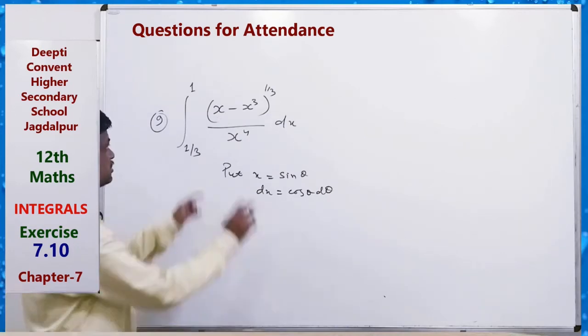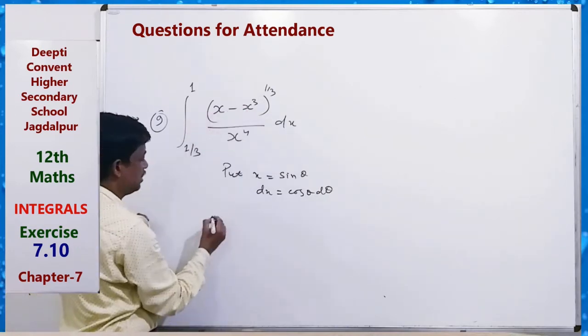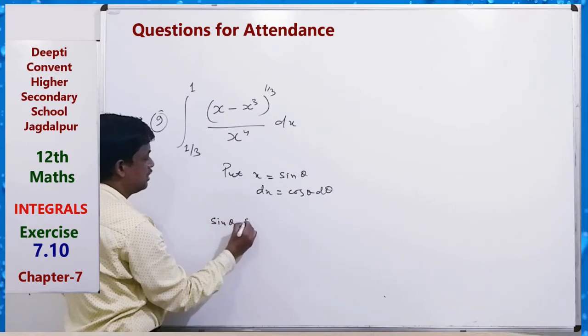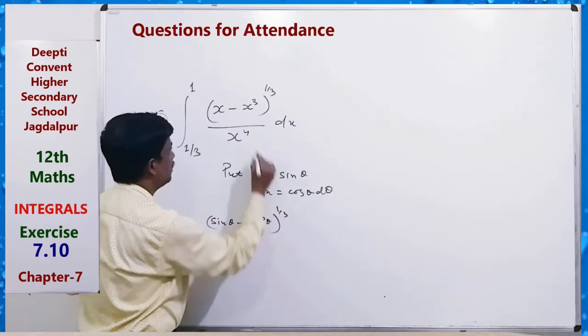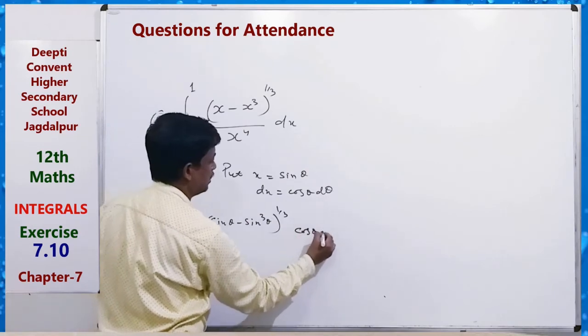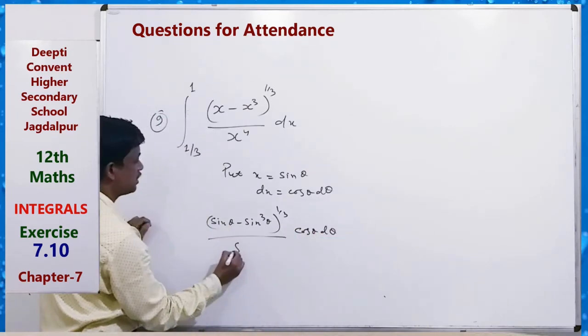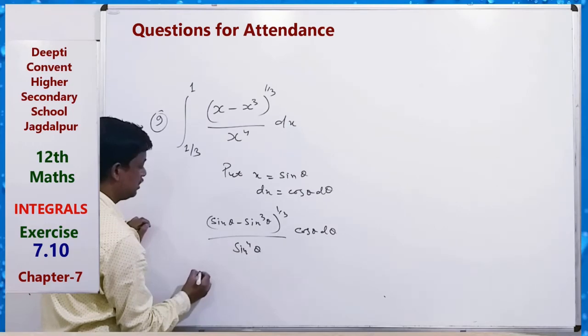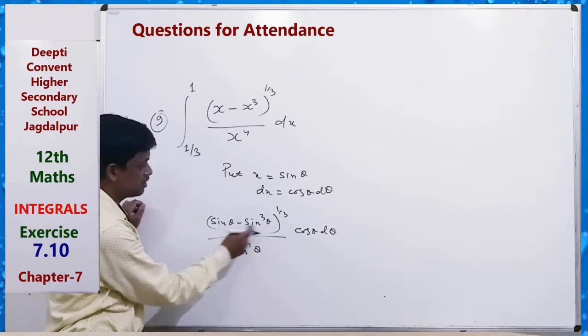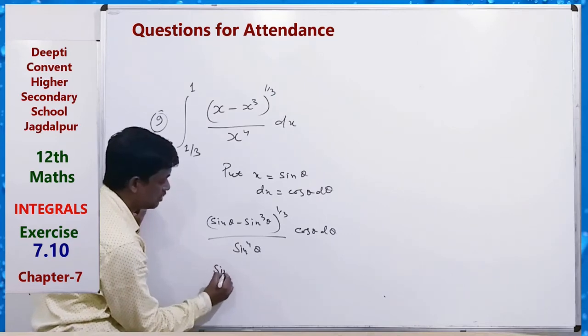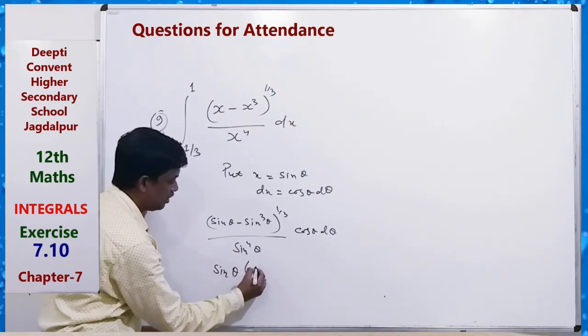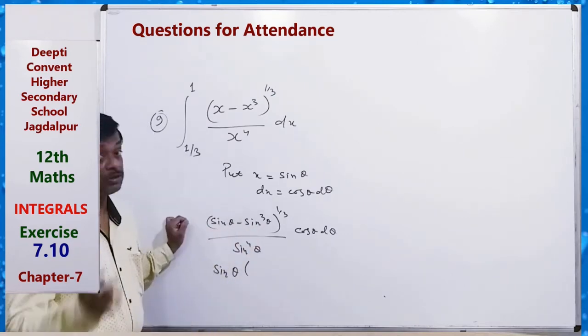Clear? For the hint: sin theta minus sin cube theta, whole power 1/3, dx equals cos theta d theta upon sin to the power 4 theta. Here one sin theta can be taken outside, so sin theta and 1 minus sin square theta, which is cos square theta.